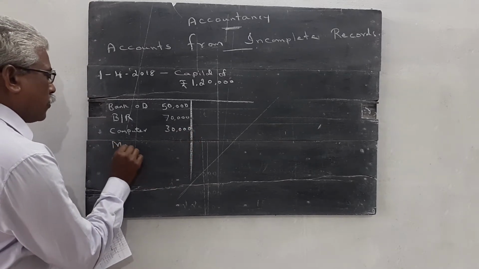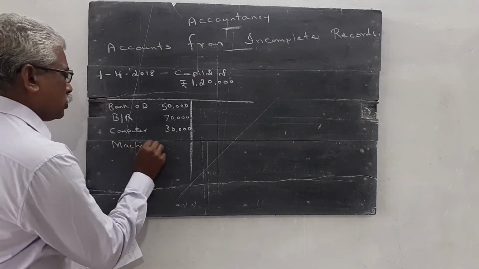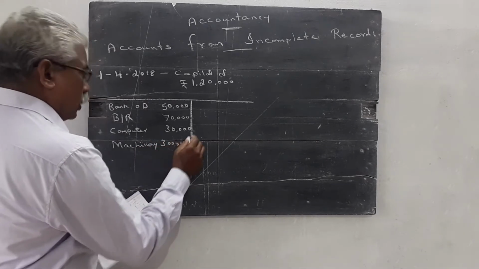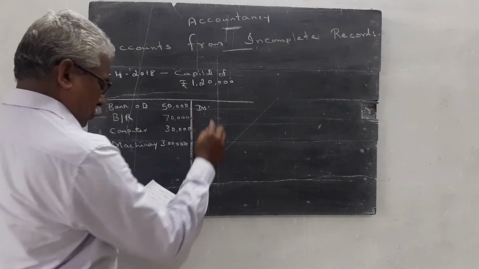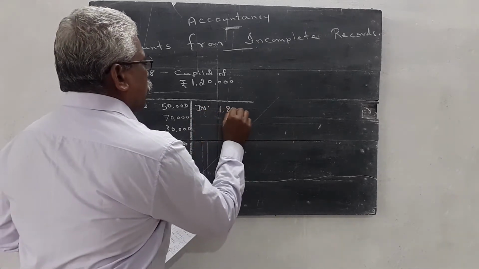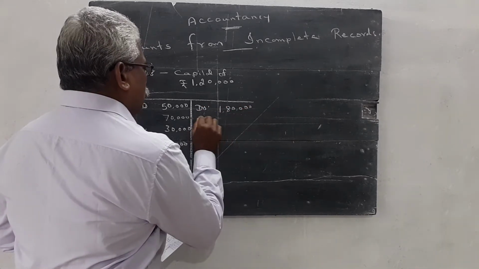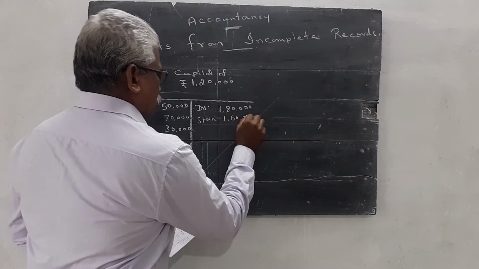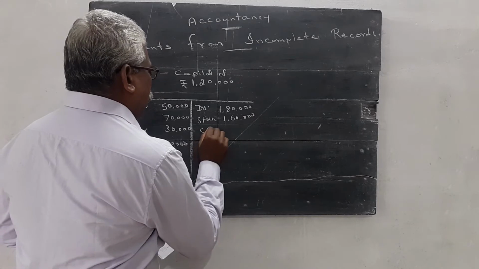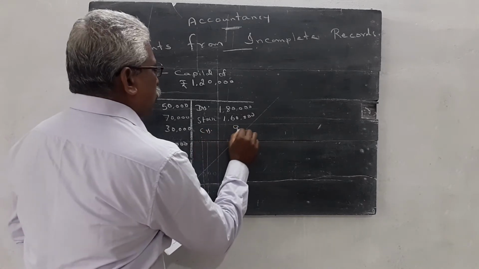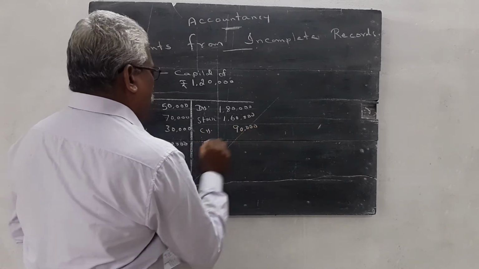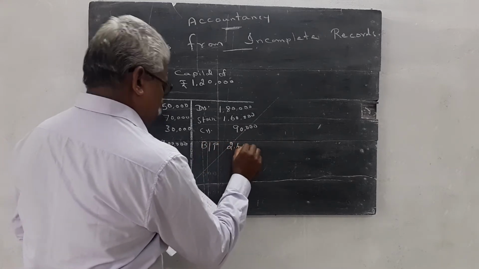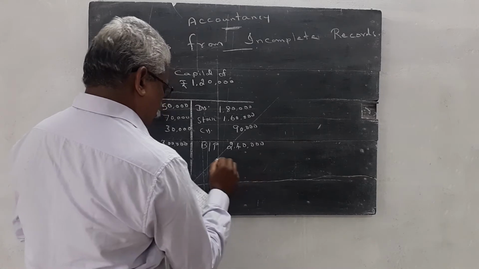Machinery 3 lakhs. Debtors 1,80,000. Stock 1,60,000. Creditors 90,000. Bills payable 2,40,000.